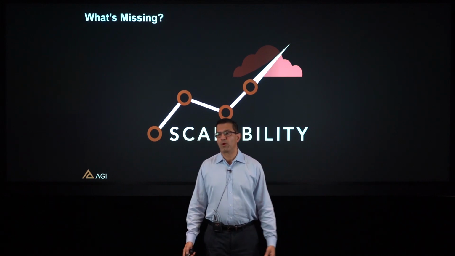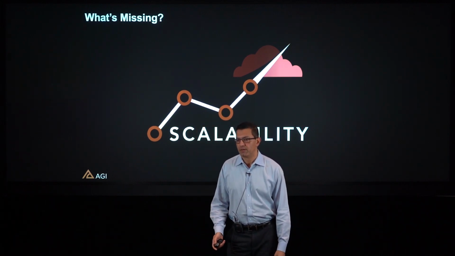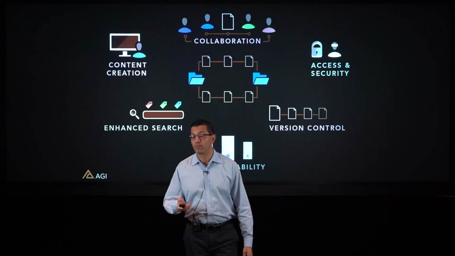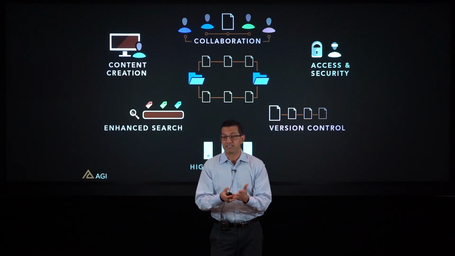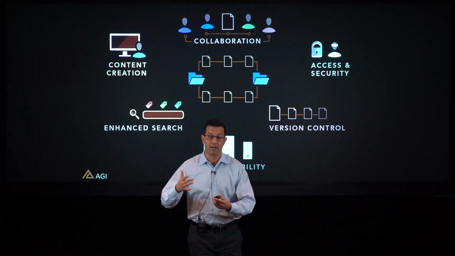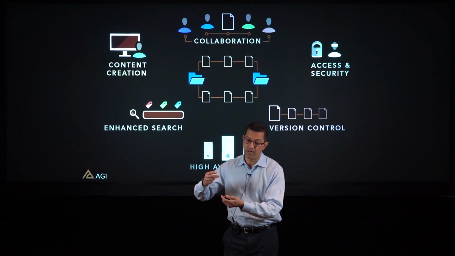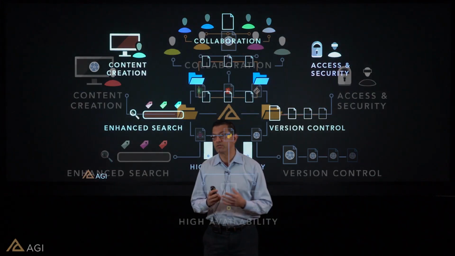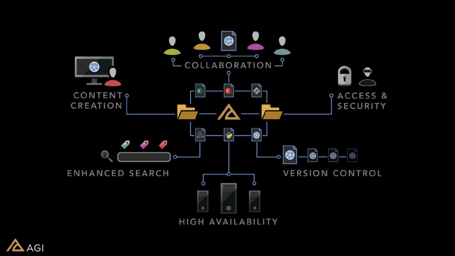So when we put all of this together, we're talking about these different attributes: scalability, collaboration, access and security. It turns out you have to look at these issues collectively. These features of a robust enterprise content management system are all interrelated.